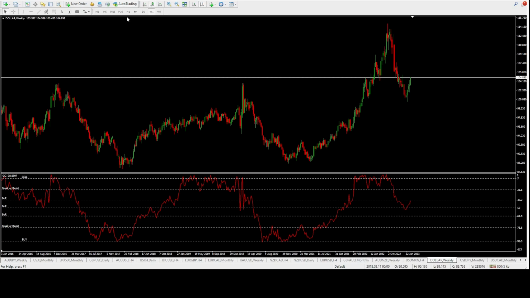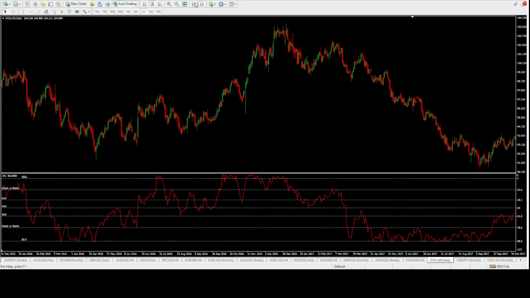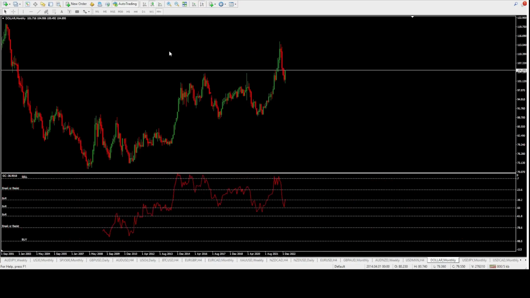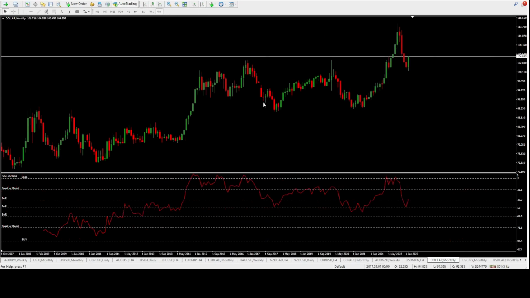So I'm just going to start off with this dollar, right? Some futures. So this is my monthly. What I'm seeing from here, we had us a bullish movement, and we have us a 45-degree angle. So that was just a pullback.